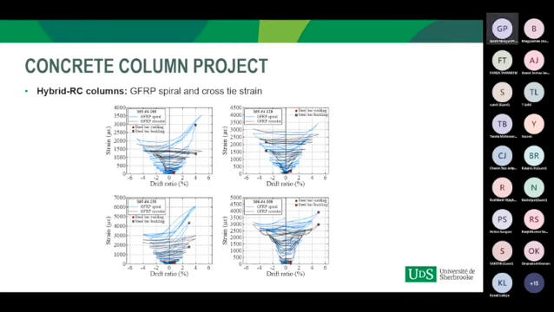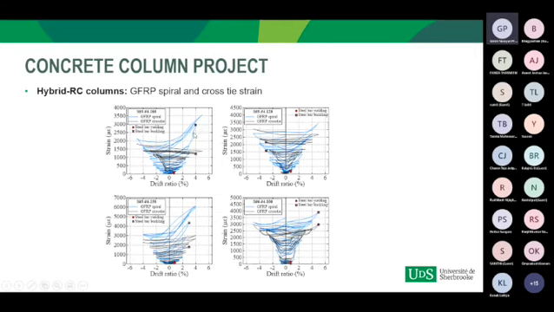The GFRP spiral and cross tie effectively confined the concrete column after the yielding of the longitudinal steel bar, which is shown by the non-zero strain at zero drift in both spiral and cross tie. There was also development of significant strain in the GFRP spiral and cross tie at the steel bar buckling.